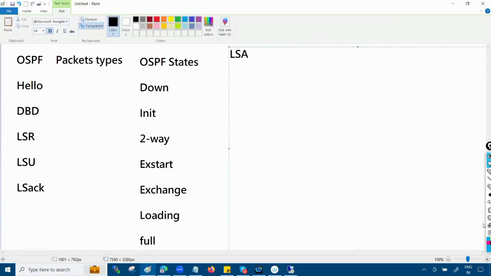Now, how about the LSA types? This is the beauty of OSPF. We have LSA type 1, the router LSA. Then we have the network LSA.